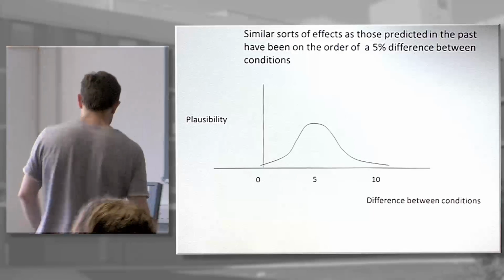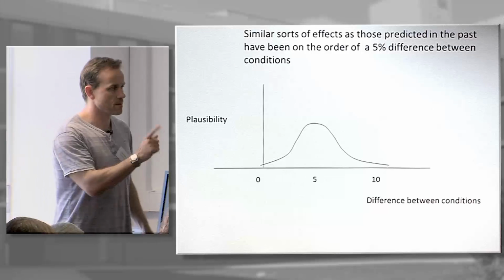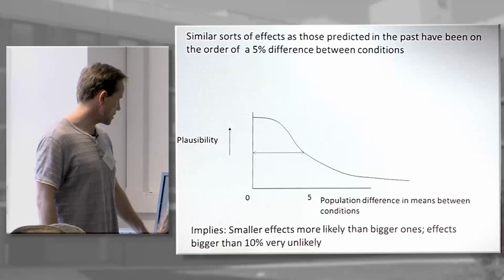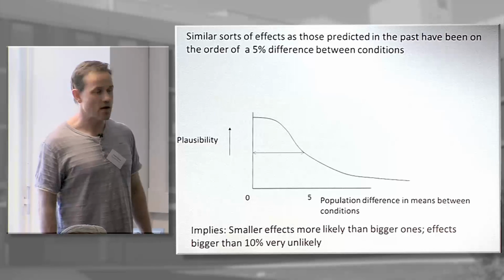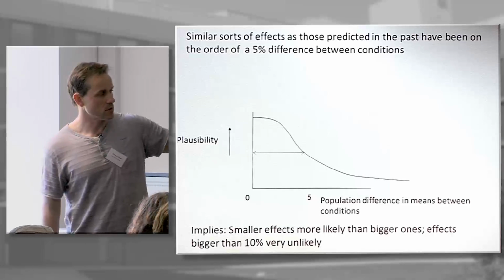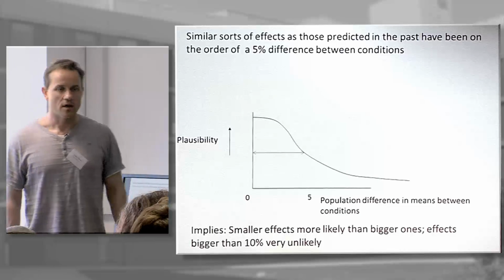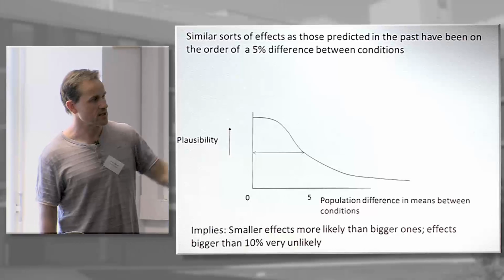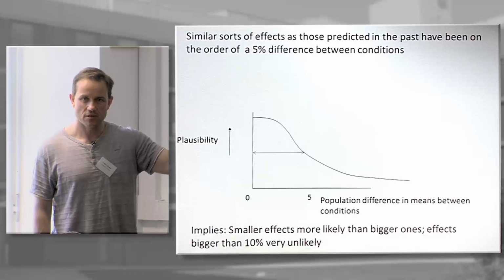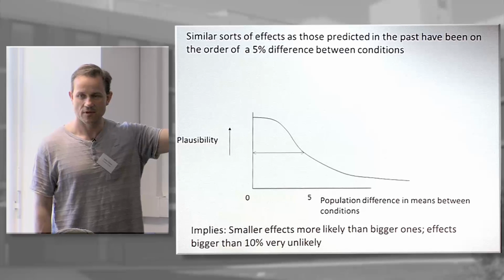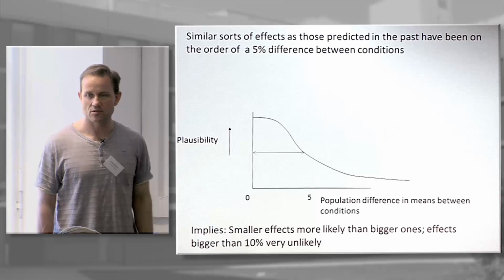Now, in fact, that isn't quite the distribution I use in that situation. I use a half normal, which is a normal which did have a mean of 0, and I've chopped off half of it. And I set the standard deviation of that distribution to the expected value, say 5% in this case.